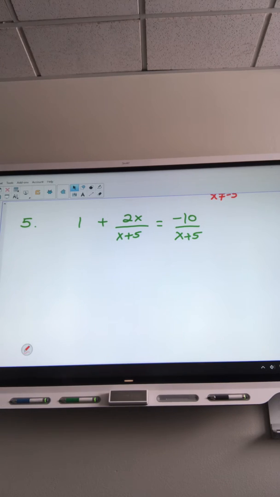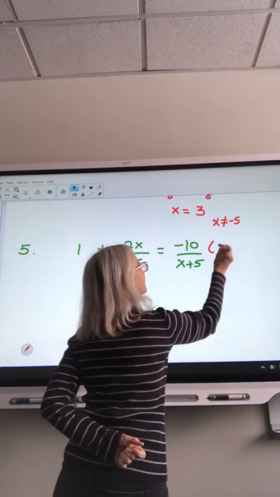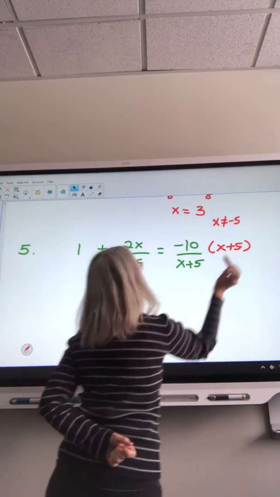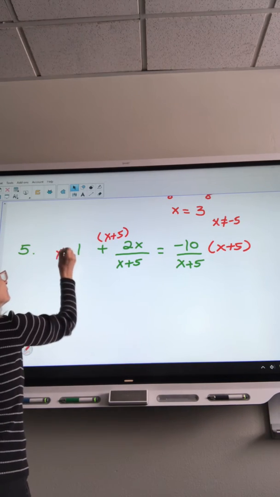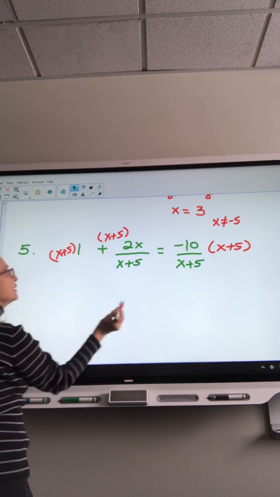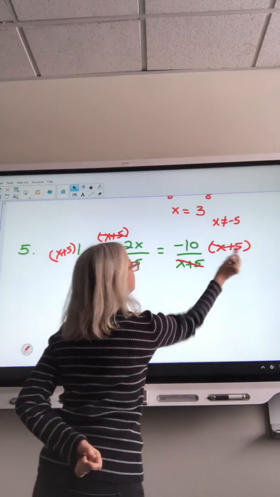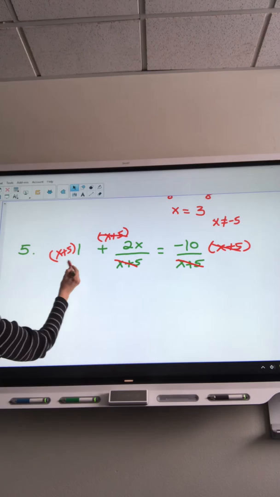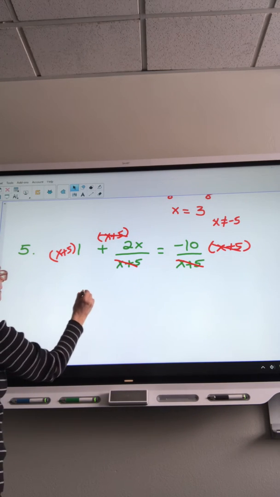So we're going to multiply each term by x plus 5. Because this is the same, that cancels out. So the only thing I'm really multiplying x plus 5 by is the 1.